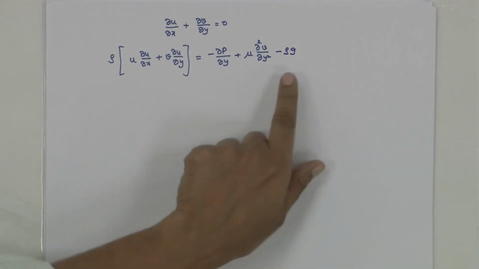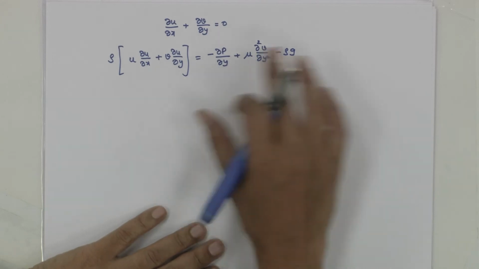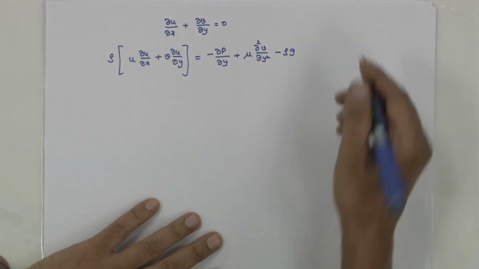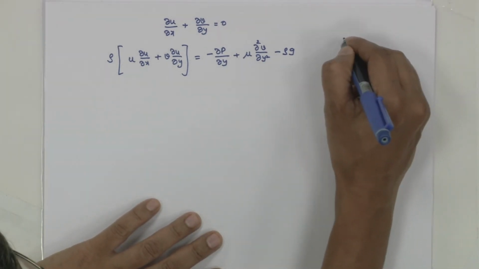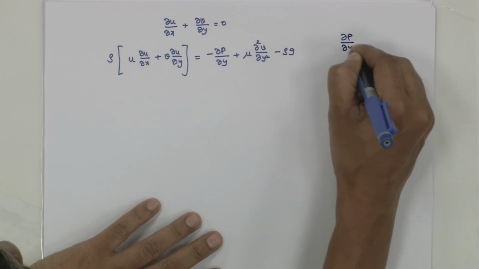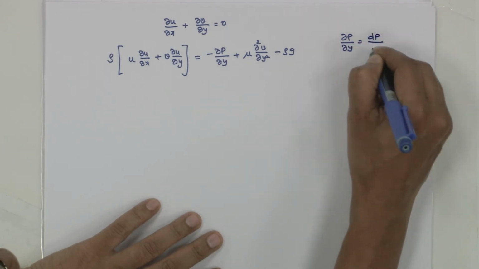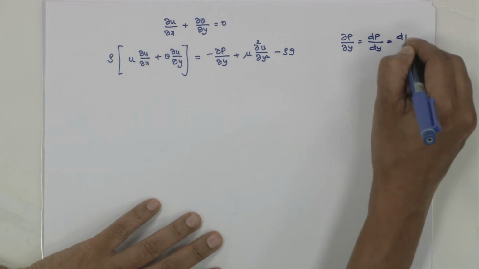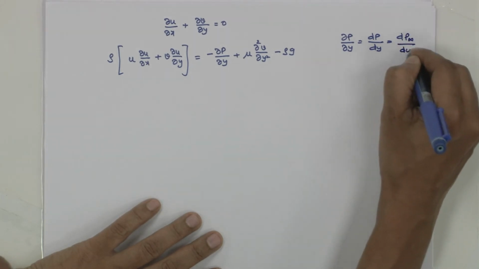I just want to write this rho g in terms of temperature, that's why I have again written these equations. But let me remind you, we just found that this del P by del y is equal to dP by dy, and with the same I can write this as dP infinity by dy.